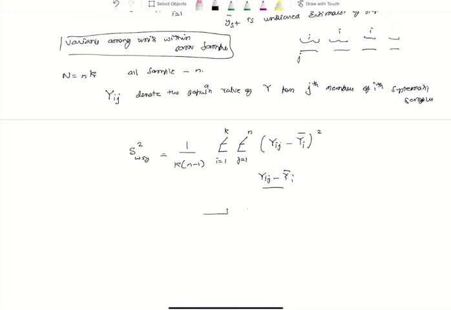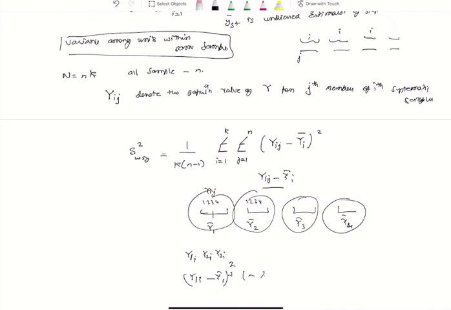So if there is this group, this group, this group, and this group, and each of them has 1, 2, 3, 4, we're going to get a y bar 1, y bar 2, y bar 3, y bar 4, and then we subtract these from the yij's. We add them all up for each group, and then we square it.